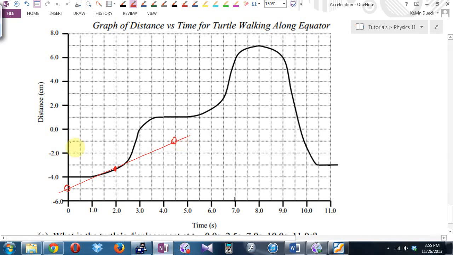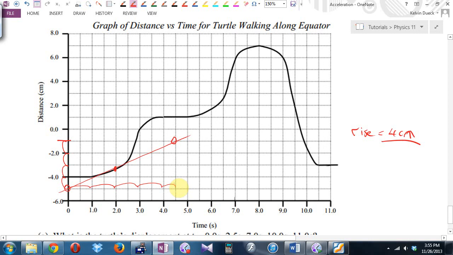The rise would be 1, 2, 3, 4. The run would be 1 second, 2 seconds, 3 seconds, 4 seconds, 4.5, because the scale isn't going up by ones along the bottom.